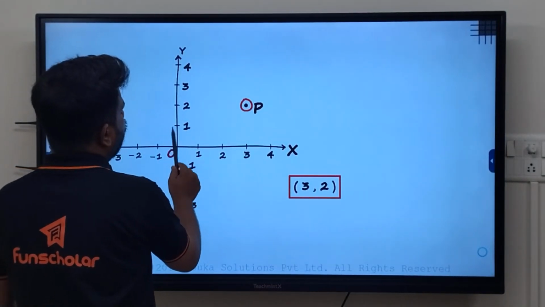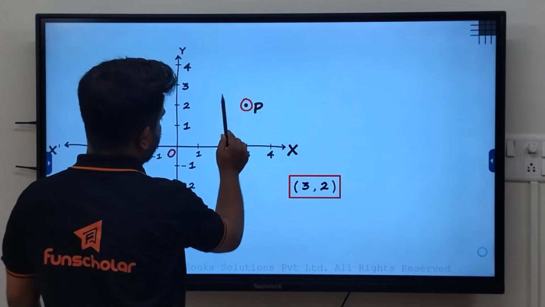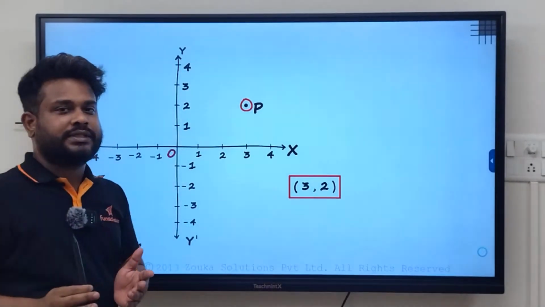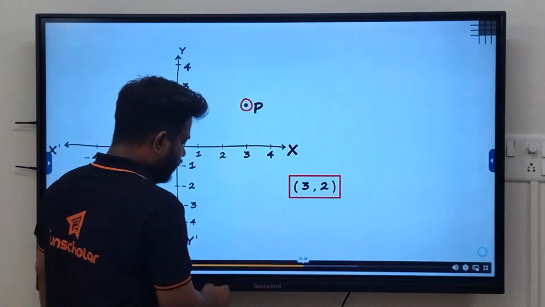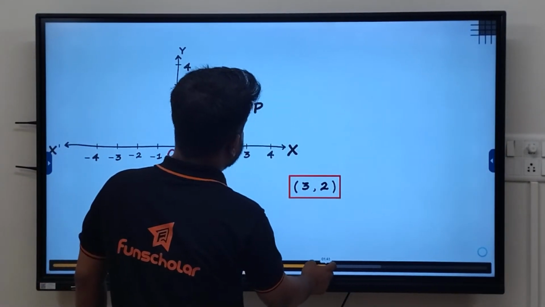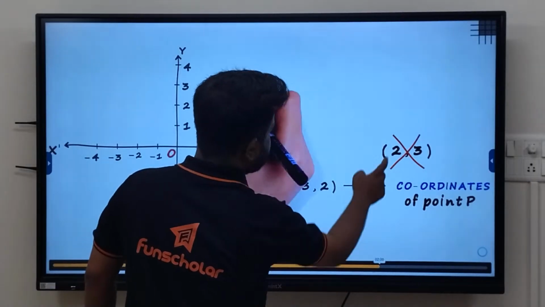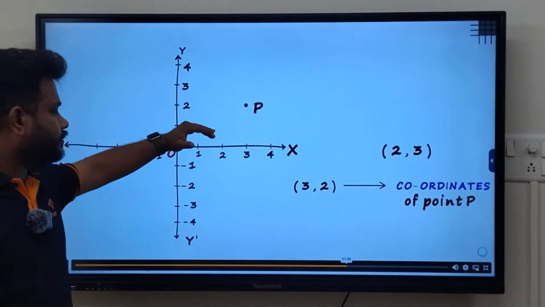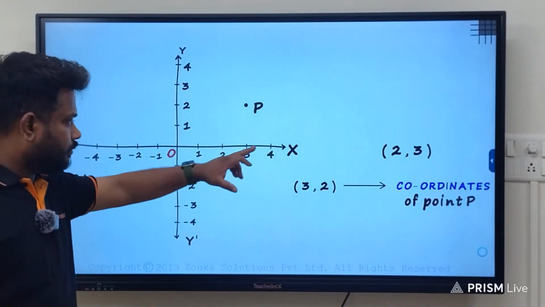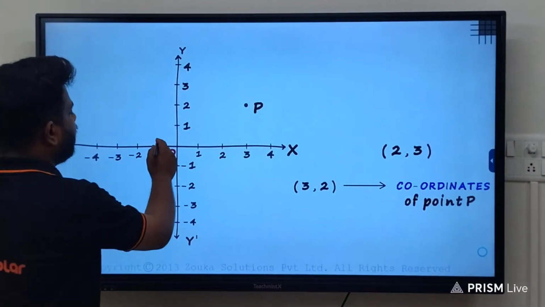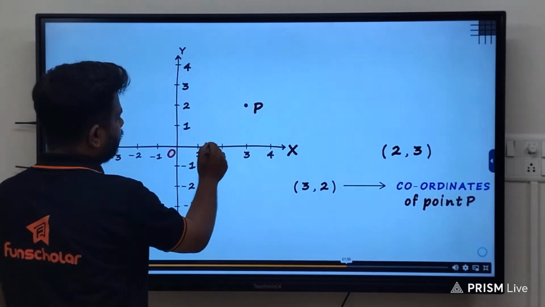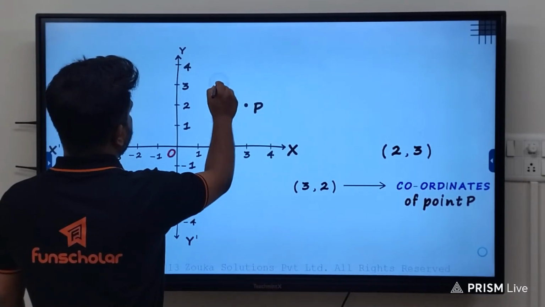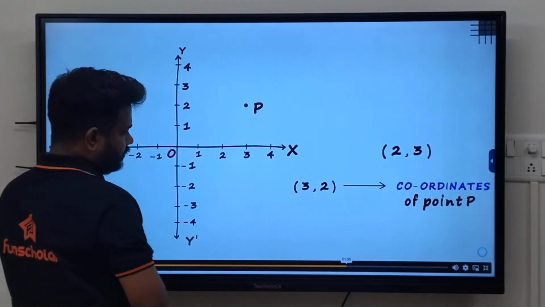It will go from 1 to 3 and then 3 to 2 like this. And 3 comma 2 is not the same as 2 comma 3, which they have also told us. How will we get the coordinates of 2 comma 3? We will come here, that will be 2, and 3 will be here. So the point will be here.